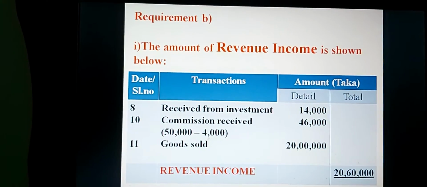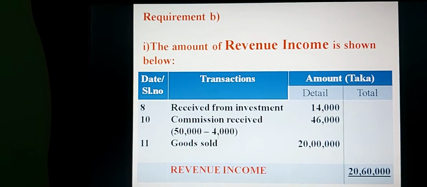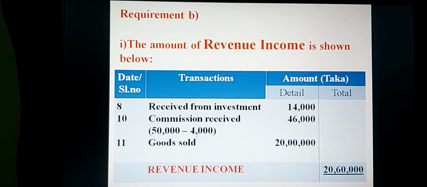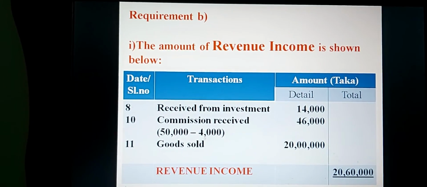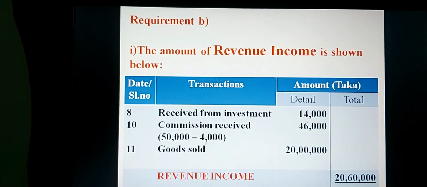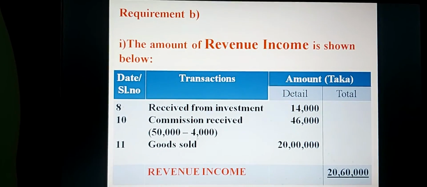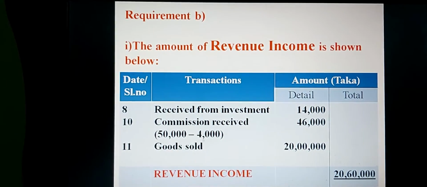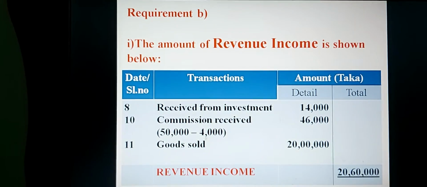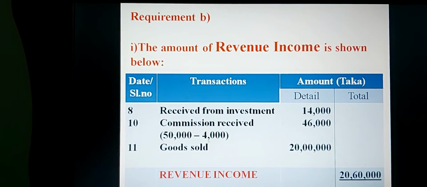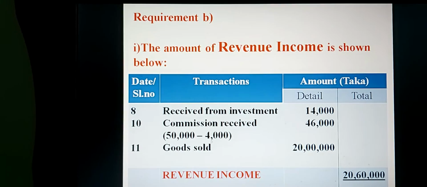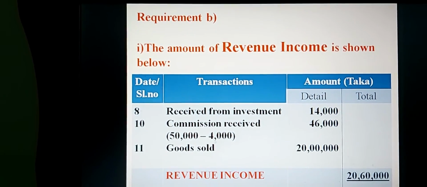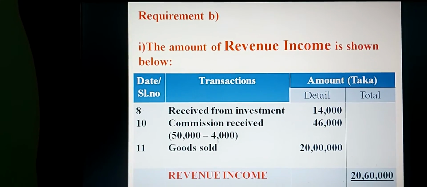The same format is followed: date or serial number, transactions, amount taka detail, amount taka total. In this step, only 3 revenue incomes are available. First one, serial number 8, received from investment, that is interest on investment, taka 14,000.